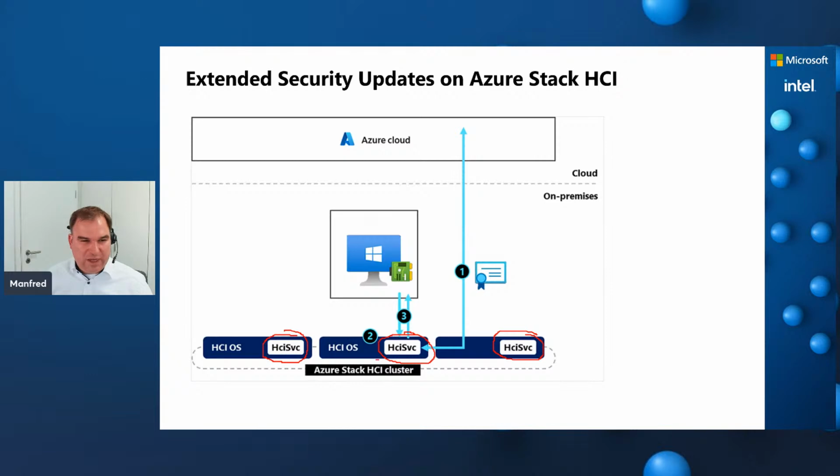With this Azure Stack HCI cluster, the hyperconverged infrastructure service really shares a certificate with Microsoft Azure. So the certificate is provided, and this ensures that your Azure Stack HCI workload that thinks it's running in Azure really runs on an Azure Stack HCI and not on a different solution.